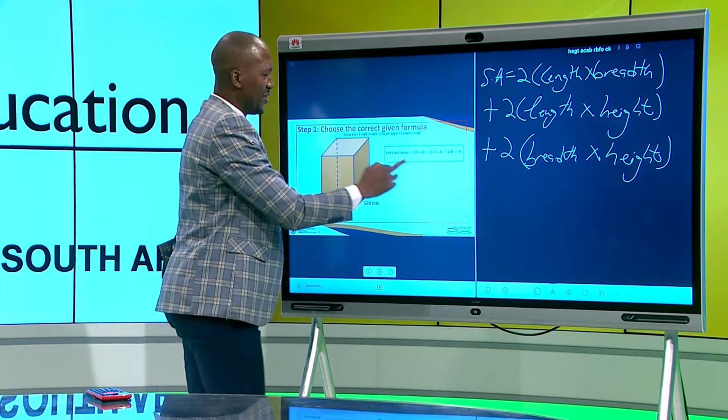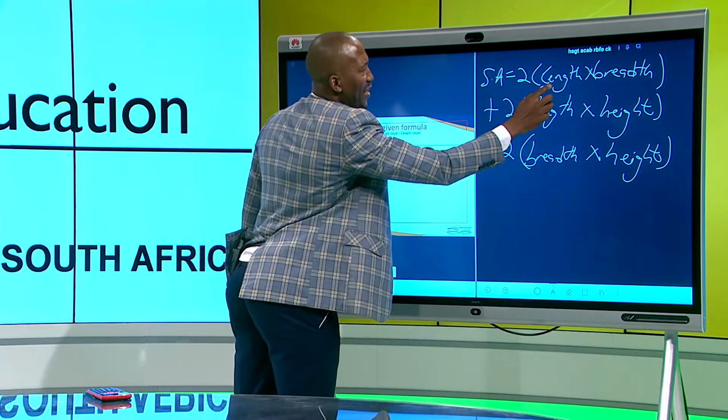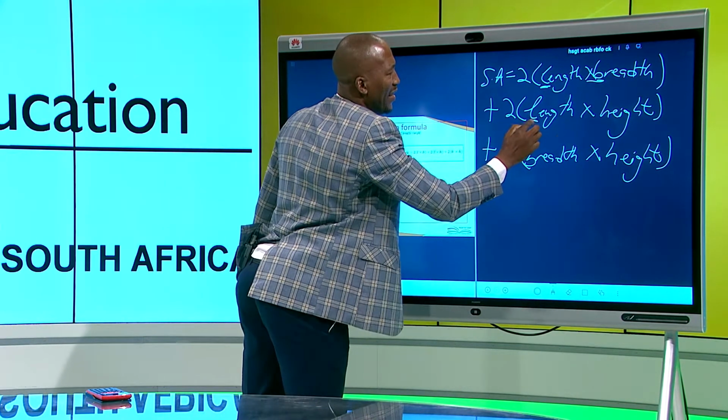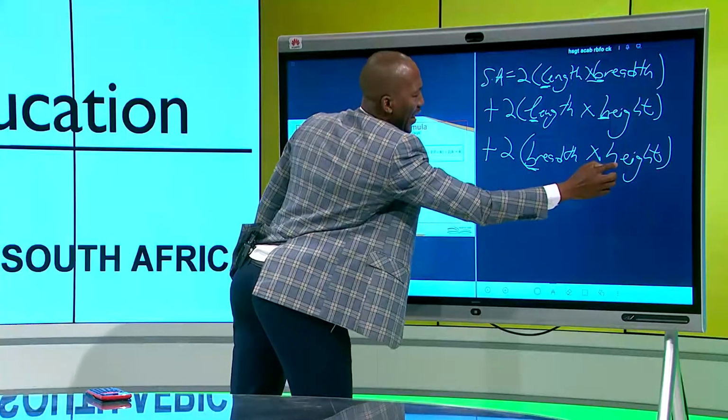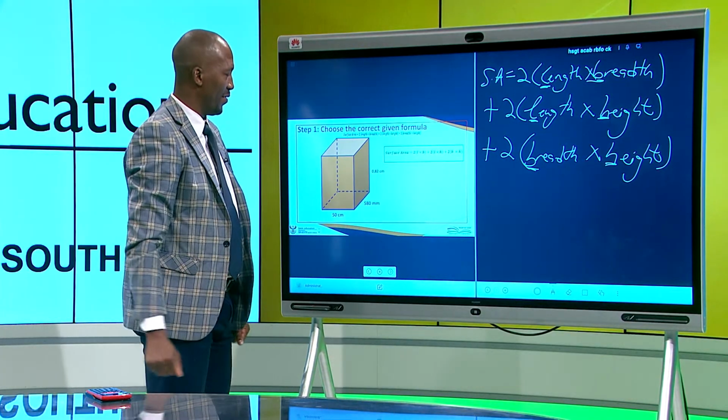So we have shortened the formula here by taking the first letters LB, LH, BH to create this formula.